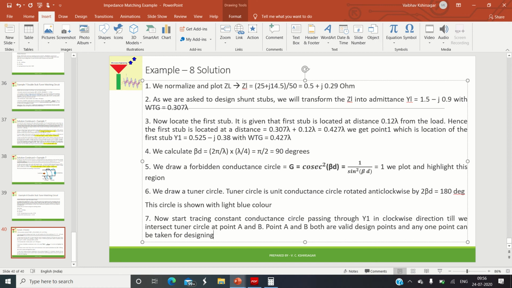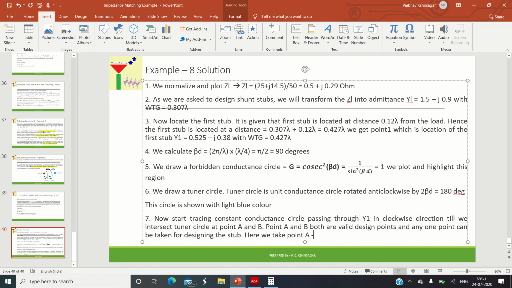Okay, you can take point B also. Whatever point you meet first while traveling in a clockwise direction, try to take that point as the design point, right? So points A and B are valid design points, and any one point can be taken for designing the stub. Okay, so what we do here, we take point A.